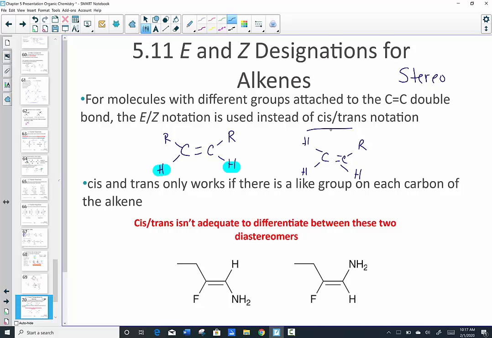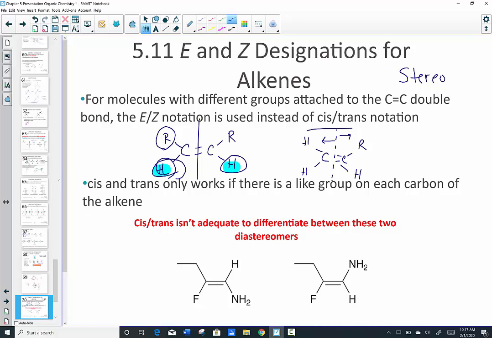So we're learning to examine, looking left and looking right, I have to have two unique groups, right? I have to have two different things to assign cis and trans. And of those left and right, two of them have to be the same, two of them have to be different. Okay, so that was practiced.